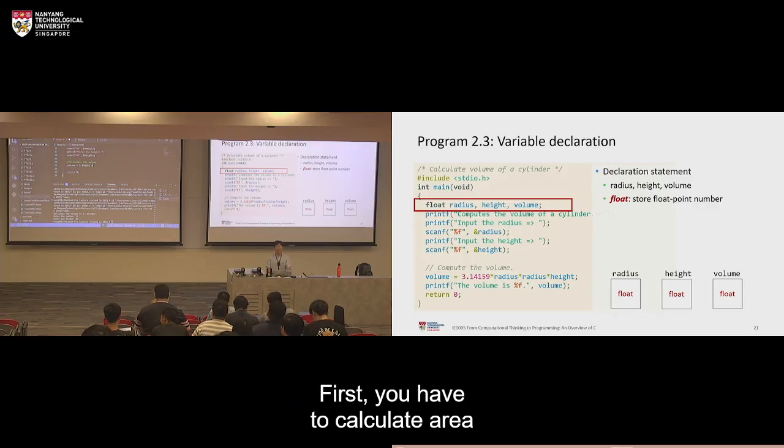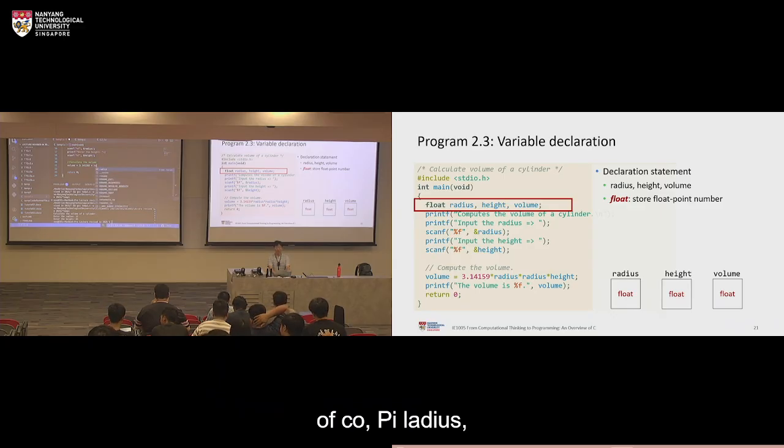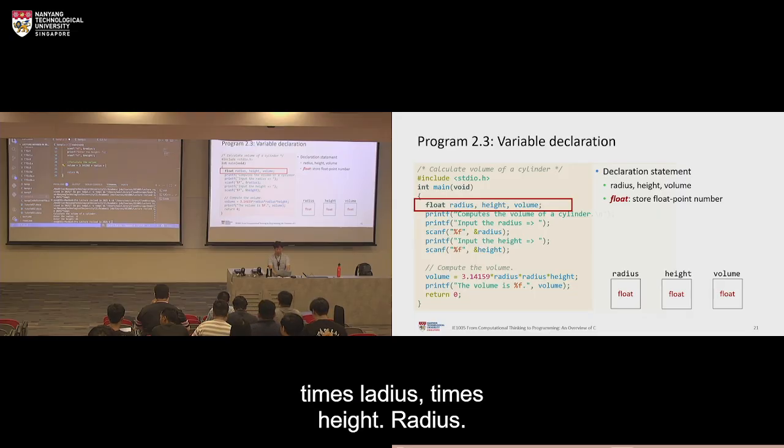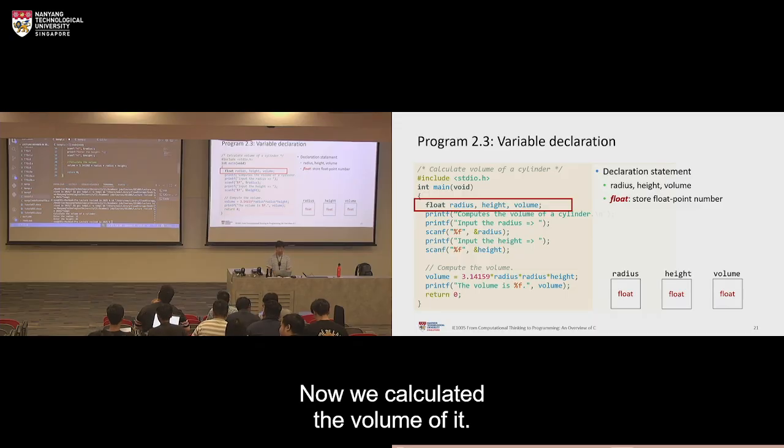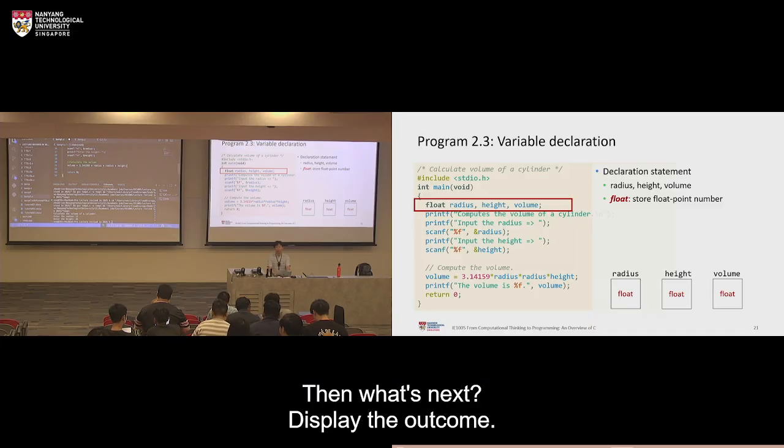First, you have to calculate the area of a circle, right? Pi times radius times radius times height. All right. Radius. Okay, now we calculated the volume of it.